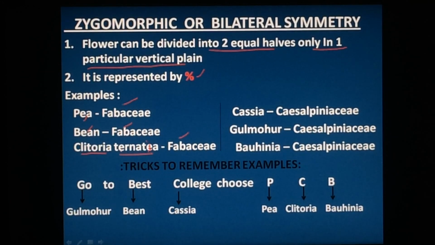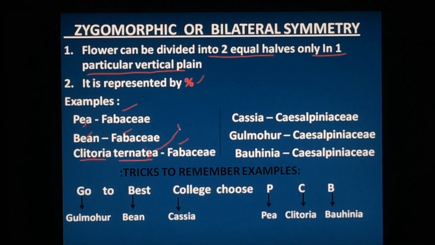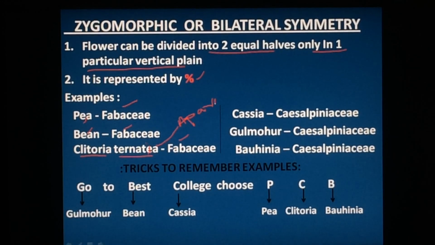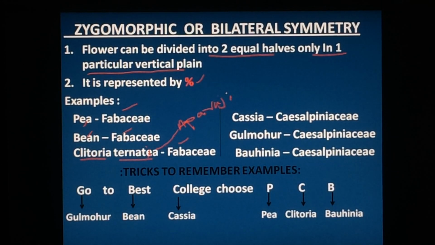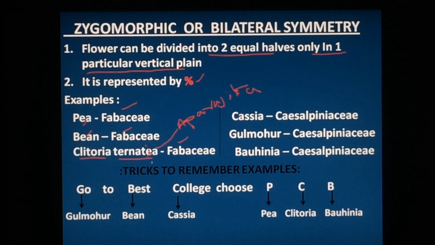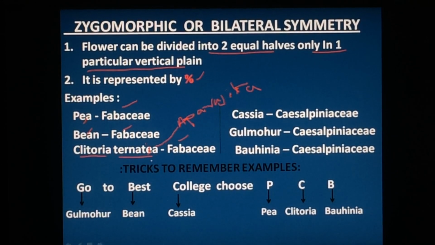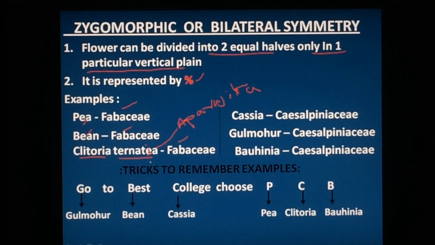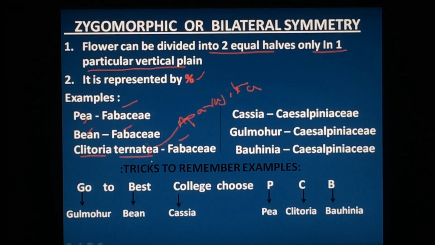Clitoria ternatia is called Aparajita. Ayurvedic medicines are produced from this Clitoria ternatia. It is also called butterfly pea. It is also called Asian pigeon wing.